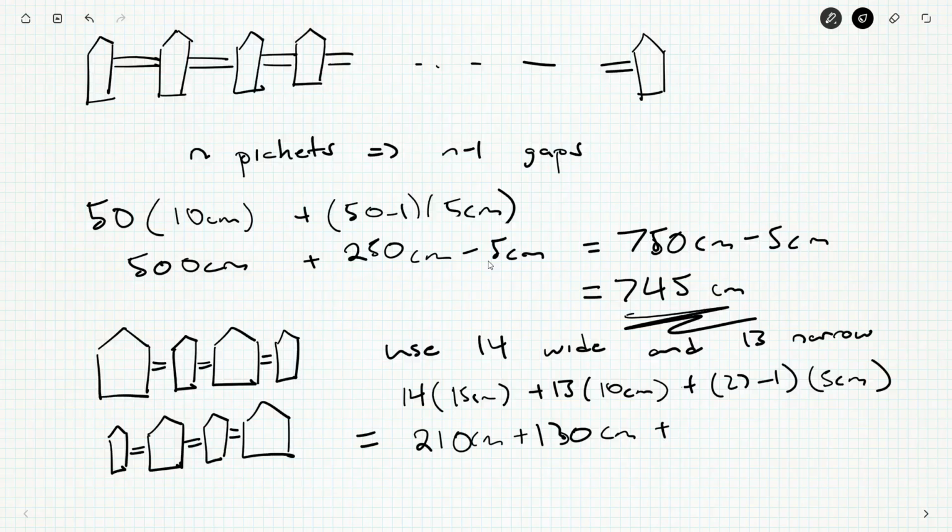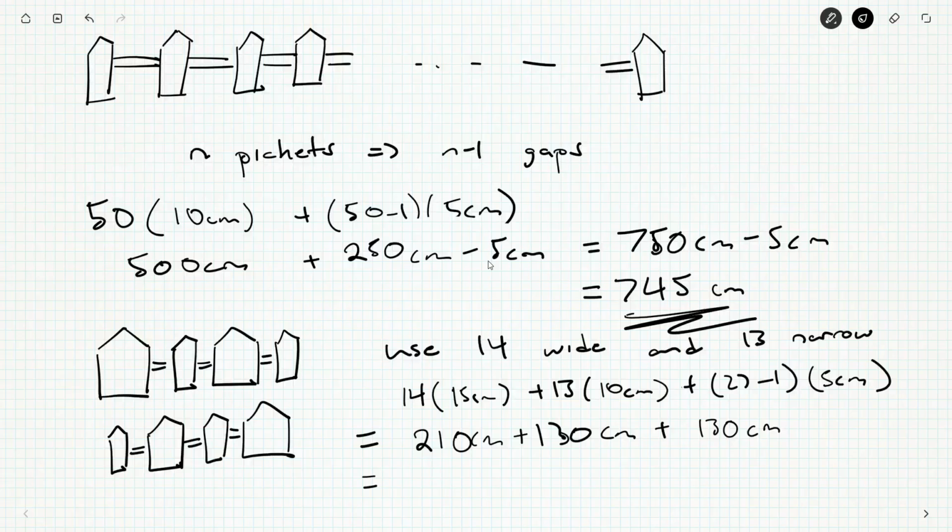I'm going to say this is 26. 26 times 5. Now multiplying by 5 is the same as multiplying by 10 and dividing by 2. So it'll be 2600 divided by 2. 26 over 2 is 130 as well.